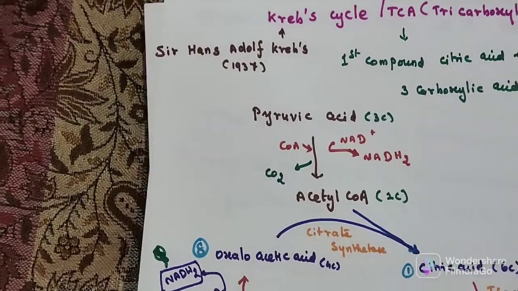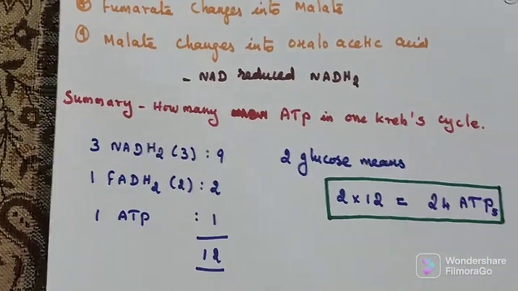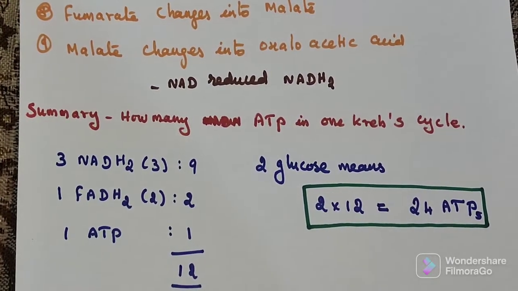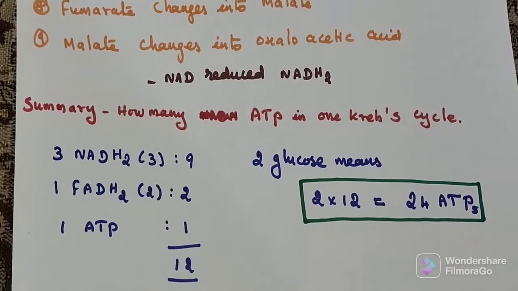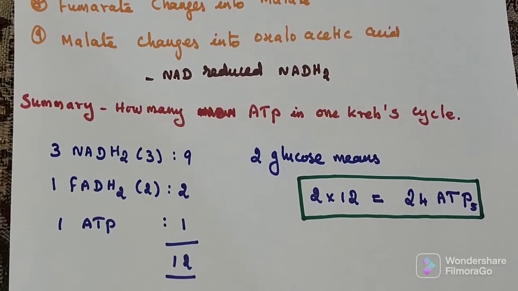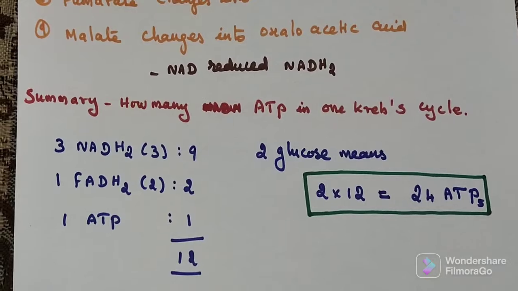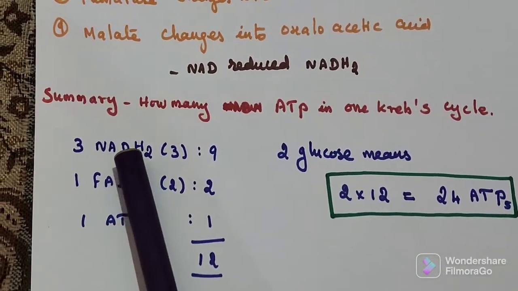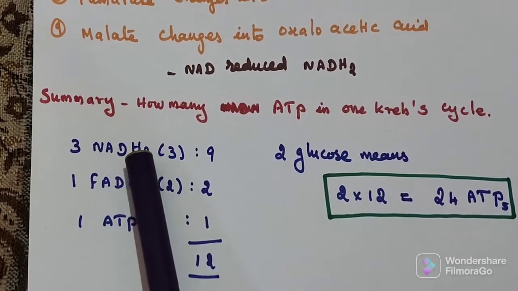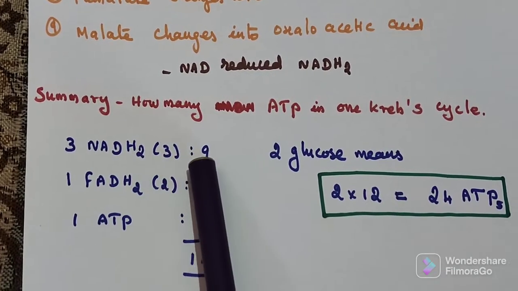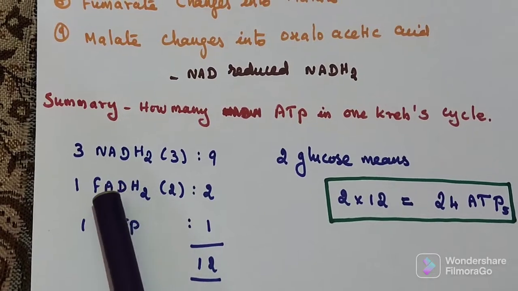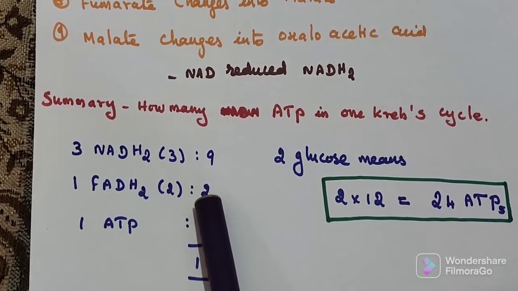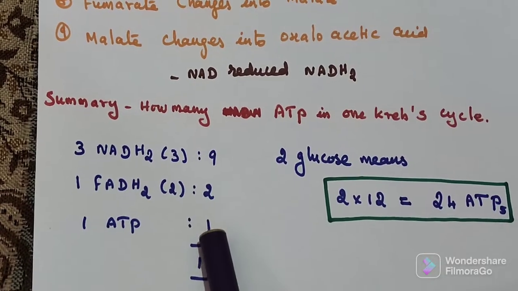So how will we calculate ATP? The Krebs cycle we already know. In glycolysis, one glucose molecule will produce two pyruvic acid. So one pyruvic acid entering the cycle produces 3 NADH2. 3 into 3, these NADH2 entering the electron transport chain produce 9 ATP molecules. 1 FADH2 multiplied by 2 gives 2 ATP, and 1 ATP.